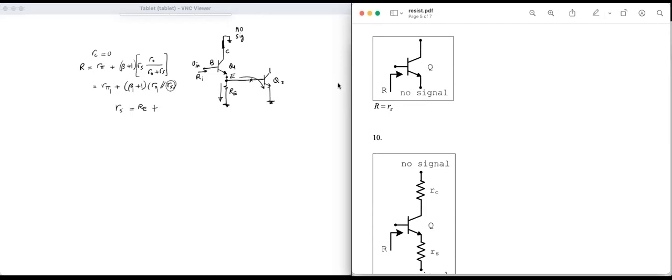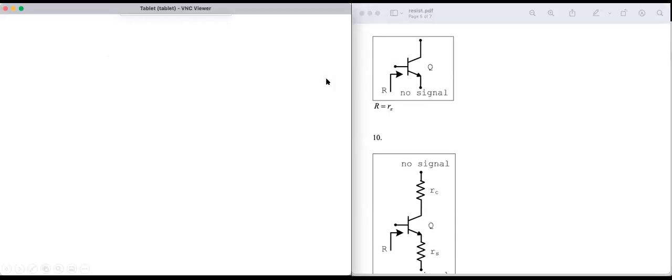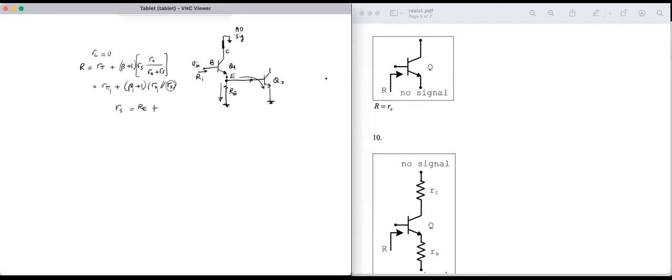Let me fix this. These are not in series. So RE in parallel with R pi 2. When you look into the base of Q2 with nothing between its emitter and signal ground, it's just an R pi, and R pi 2 for Q2.